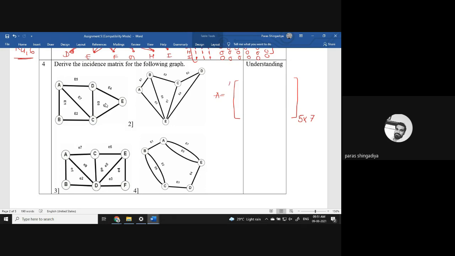So let's mention the rows as A, B, C, D, and E as the 5 vertices, and let us mention the columns as the edge names, that is E1, E2, E3, E4, E5, E6, and E7. 7 columns will be there in the matrix.